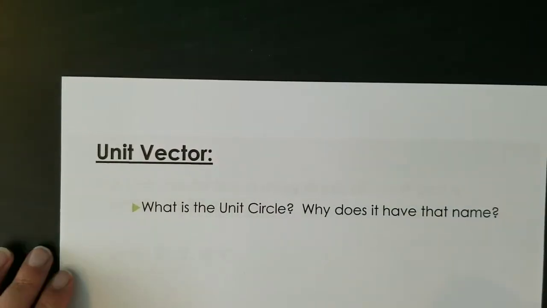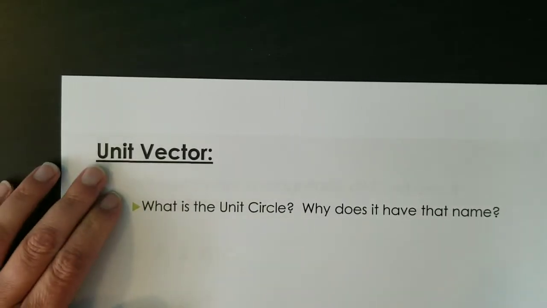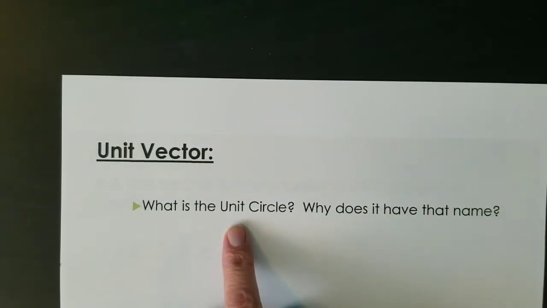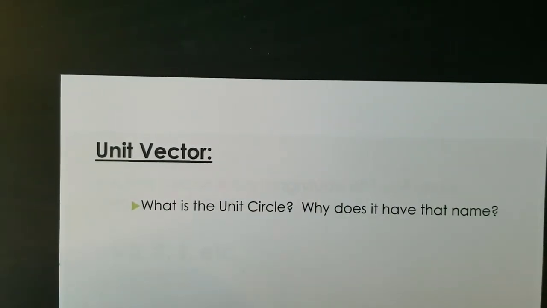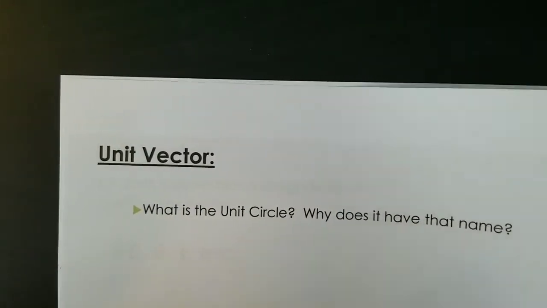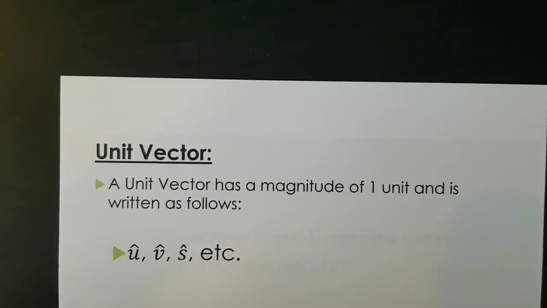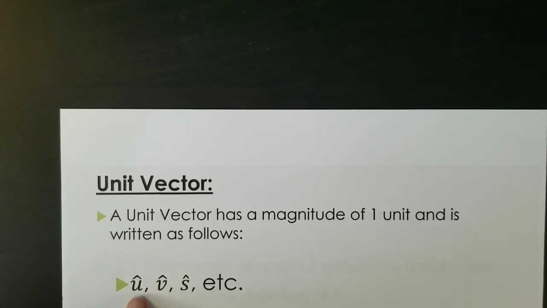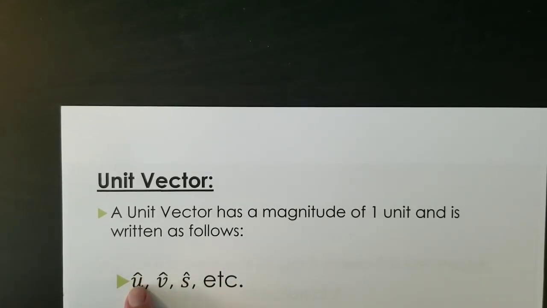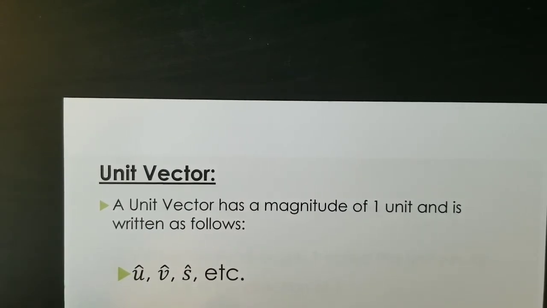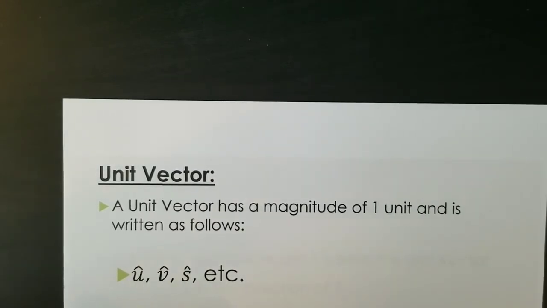Oh, one more definition part. Unit vectors. These should kind of give you a clue, thinking about the unit circle. Remember, the unit circle is a circle with a radius of 1. A unit is kind of a single measurement. So a unit vector is going to be a vector that has a magnitude of 1. We write unit vectors, instead of a vector symbol, with those little hats on top, and we actually just call it u hat or v hat to indicate that it is a unit vector.